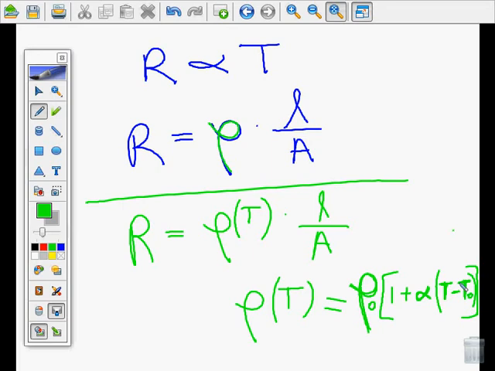But like I said, what you need to know is this formula here, and that usually the higher the temperature, that's just another factor.